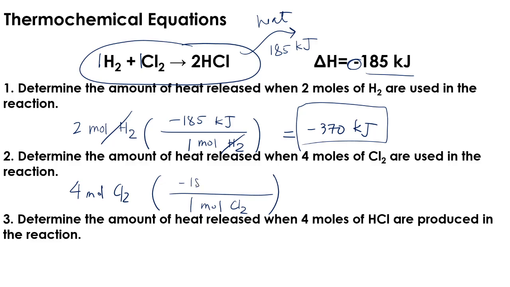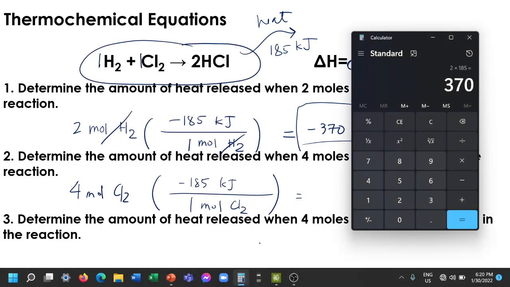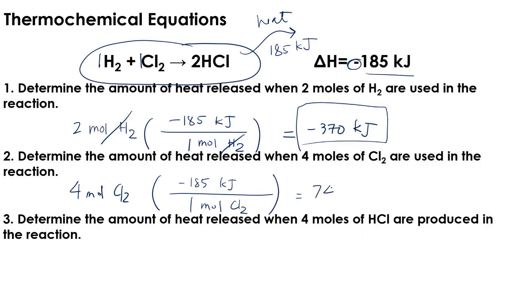And so let's solve this one. So that is 4 times 185. That's equal to 740 kilojoules. So when 4 moles of Cl2 are used in the reaction, 740 kilojoules are released from the reaction.